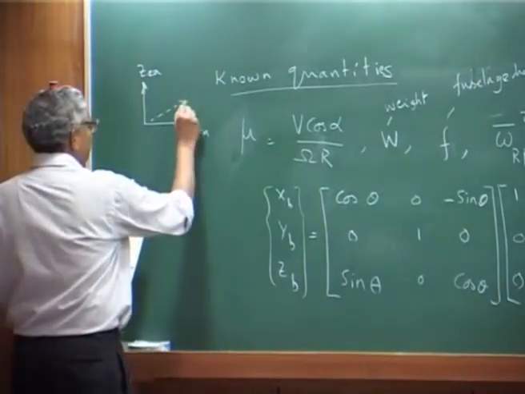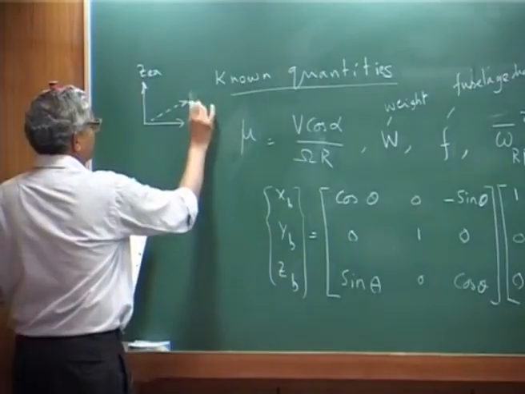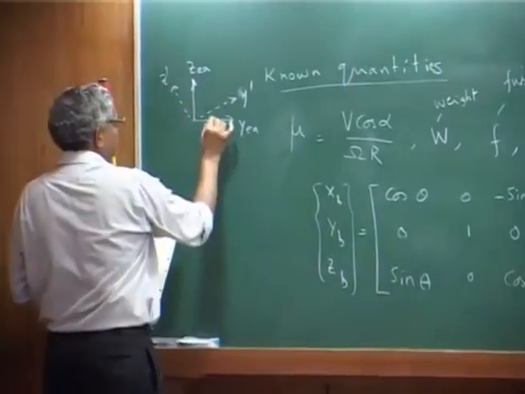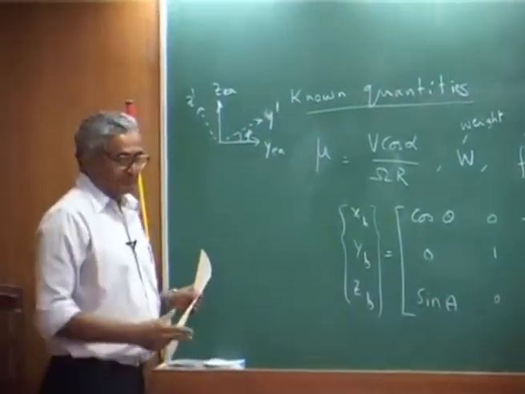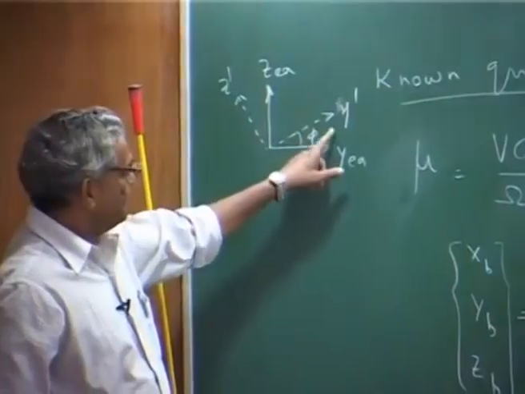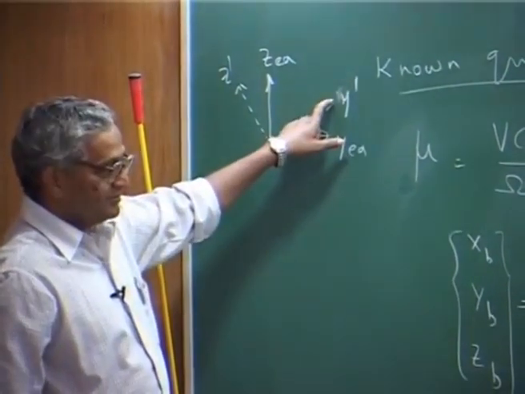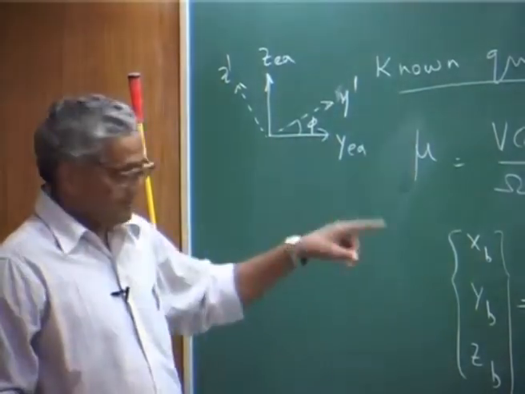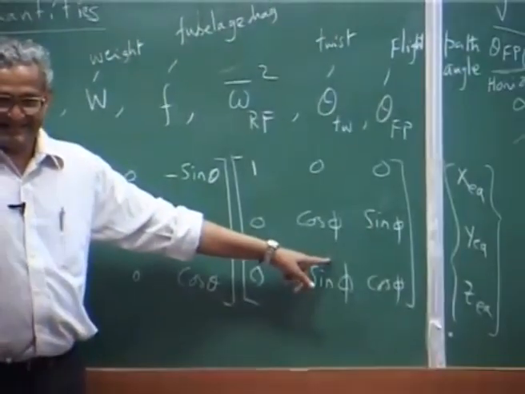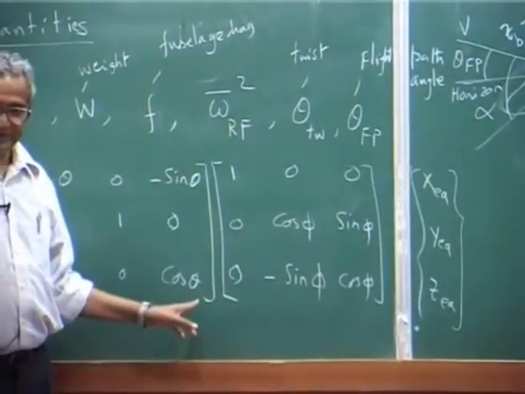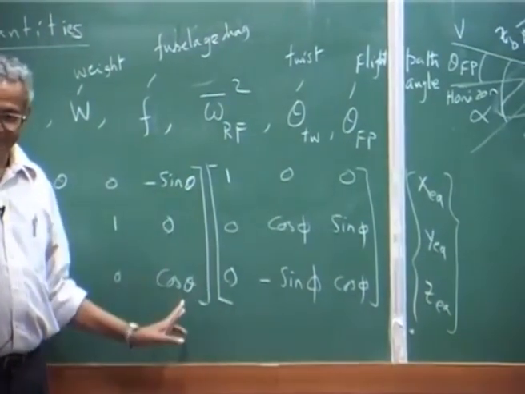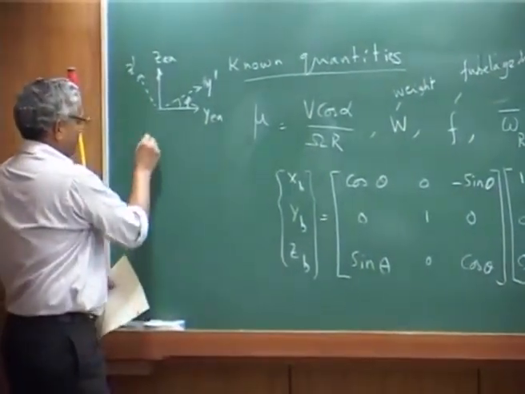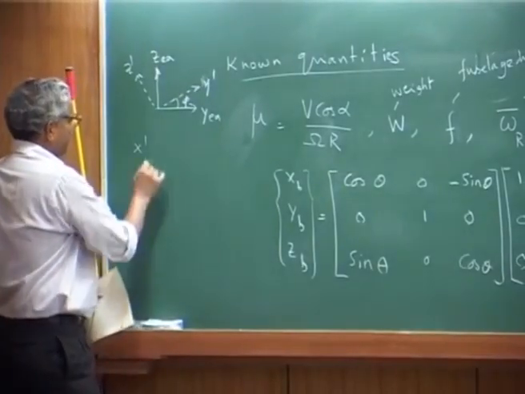So I call it y, some intermediate prime, z prime, this angle is phi. So y earth to y prime, okay. Cosine, minus sine, right. This is this matrix. If you put x1, y1, z1, you follow here x prime, y prime, z prime.